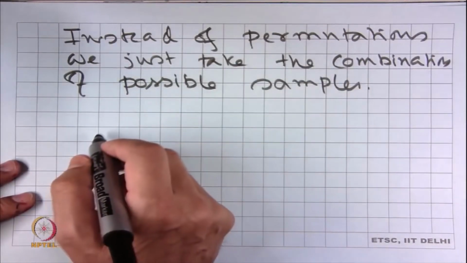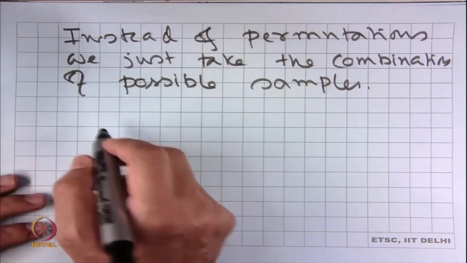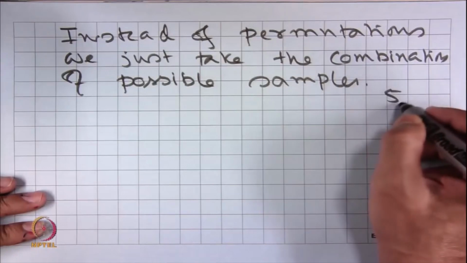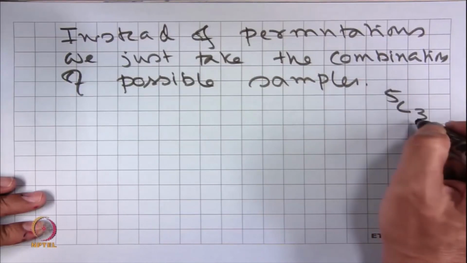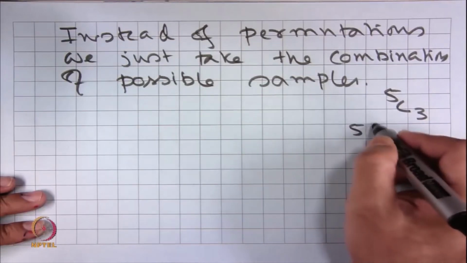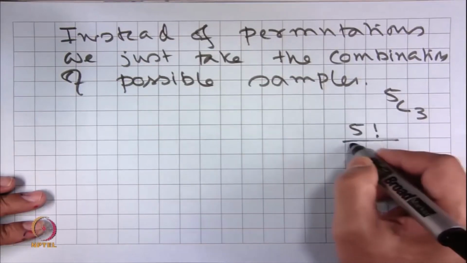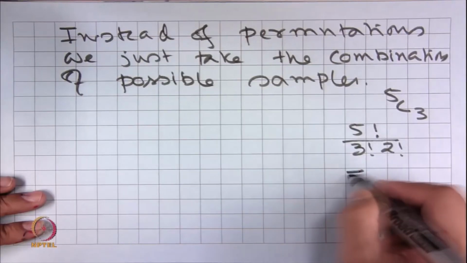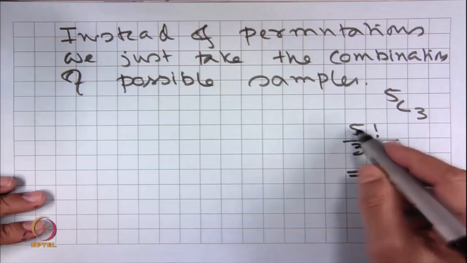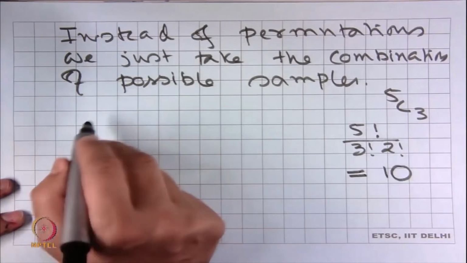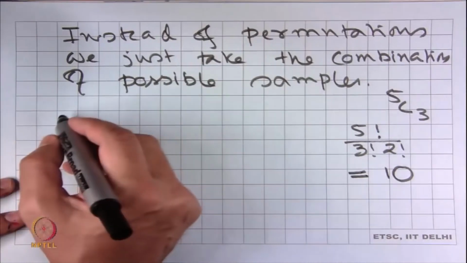And we know that we can have the following. What is 5C3? The number of ways of choosing 3 out of 5. It is factorial 5 upon factorial 3 times factorial 2, which is equal to 10. So, I know I will get 10 different triplets.